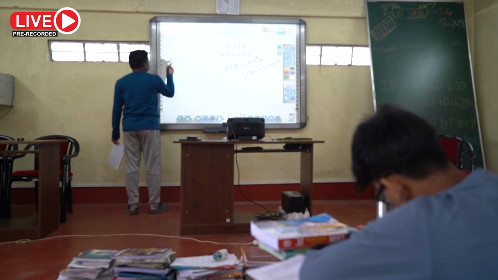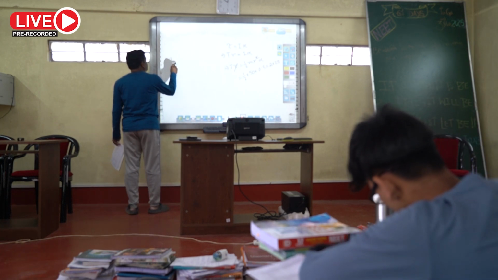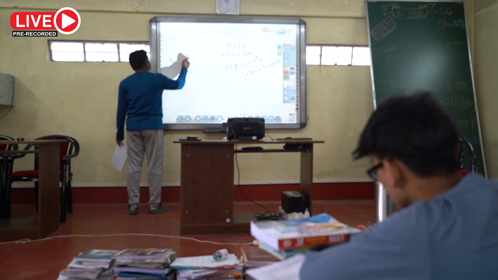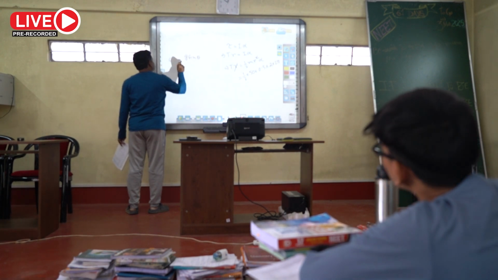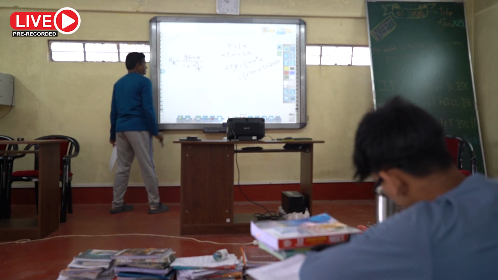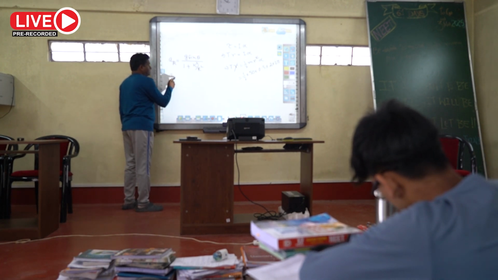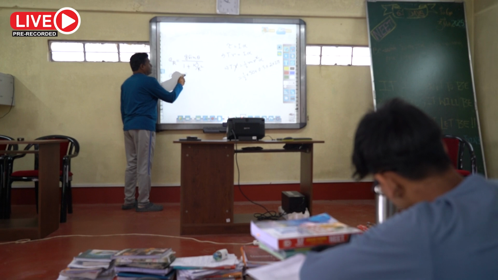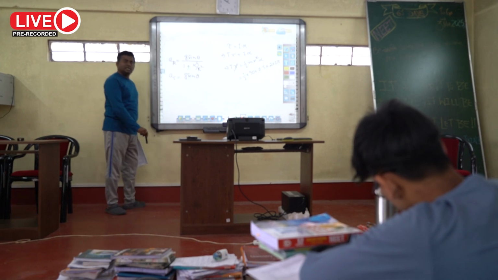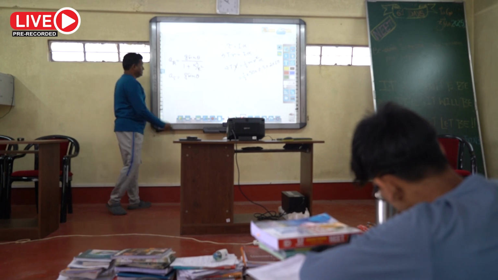See, when it rolls, a_R is equal to g sin theta by 1 plus k square by R square. And when it slips, it will be simply g sin theta, and k is the radius of gyration.